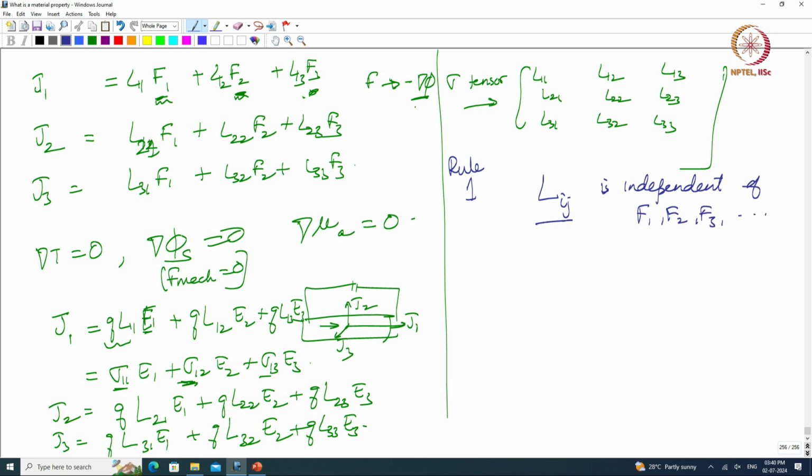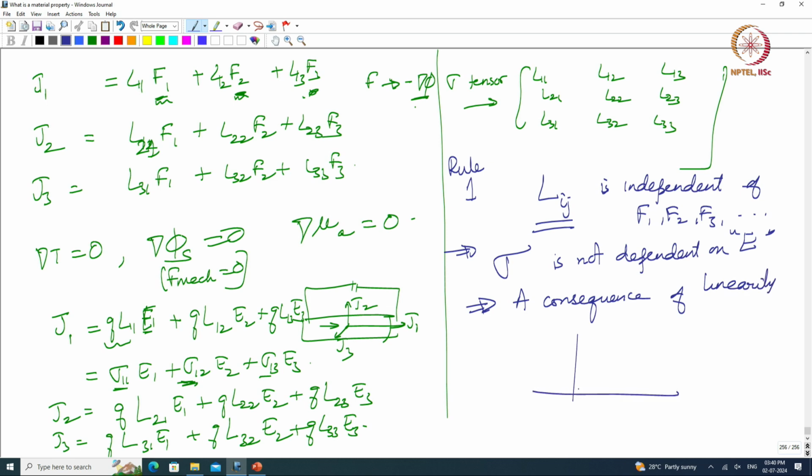So this L itself is not dependent. In some sense I am saying that sigma is not dependent on the electric field that I am applying. This is a consequence of linearity.